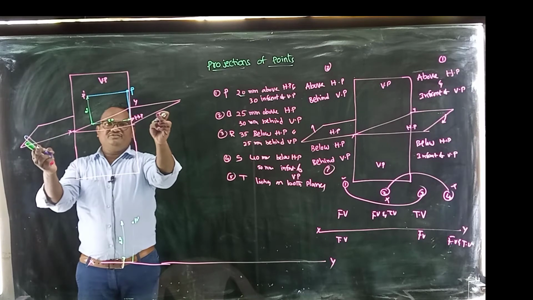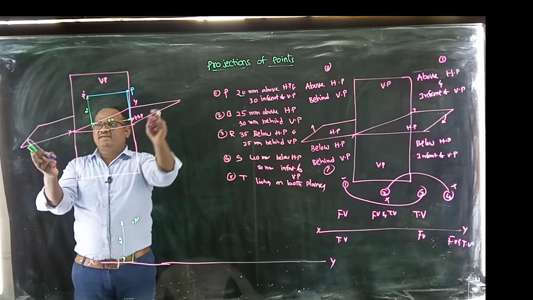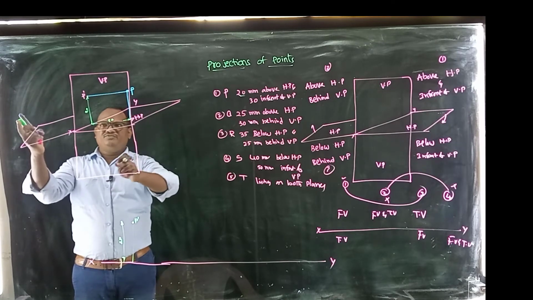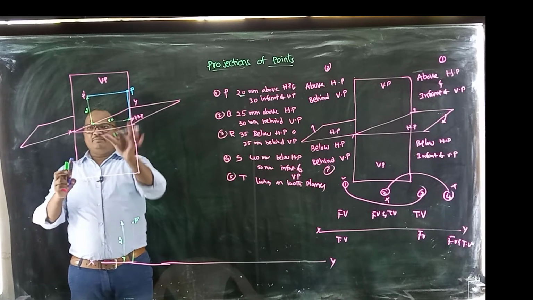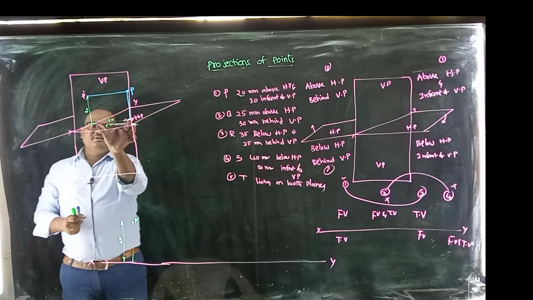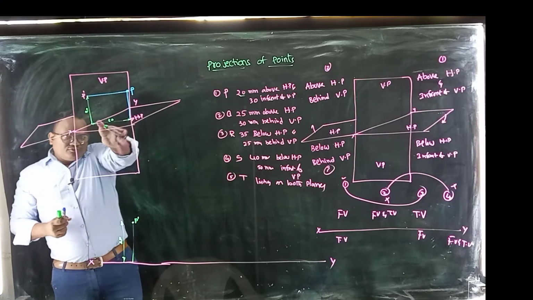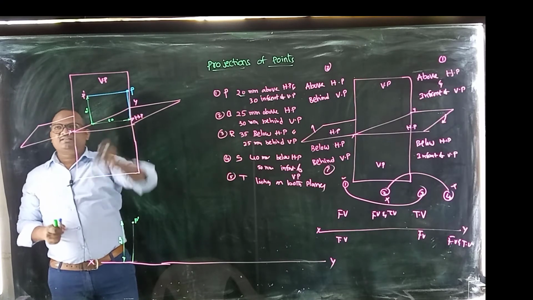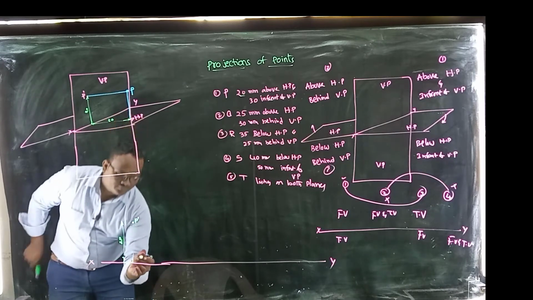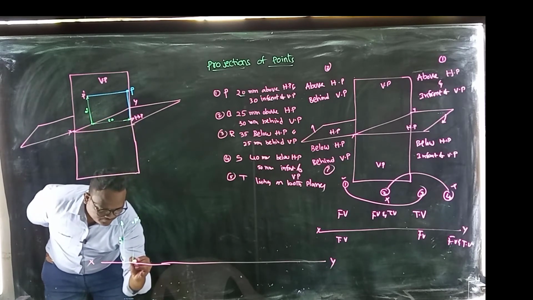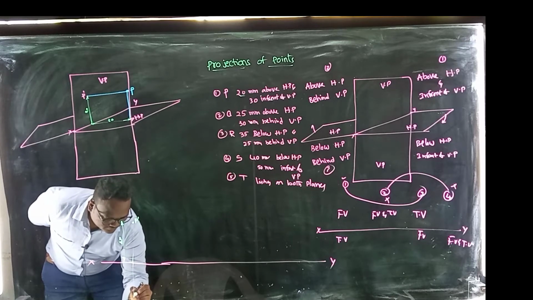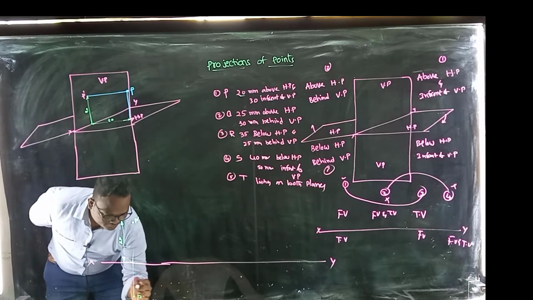Now if you tilt HP in clockwise direction like this, whatever image on HP comes downwards. That means this 30 we will get below the reference line XY. What is the value here? 30 mm exactly below, that is small p.